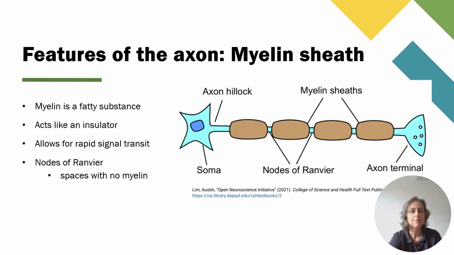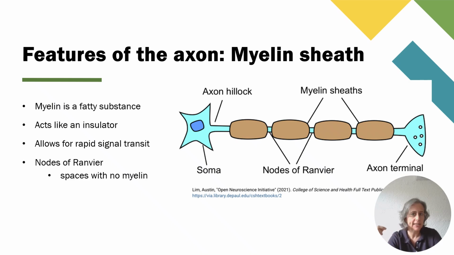And then the piece de resistance, the big important feature of an axon, is its myelin sheath. Now, not every single axon of every neuron has a myelin sheath. Some of the really, really short ones don't, but the longer ones absolutely do. So myelin is this fatty substance that's produced by special cells that we're going to learn about later in 2B.